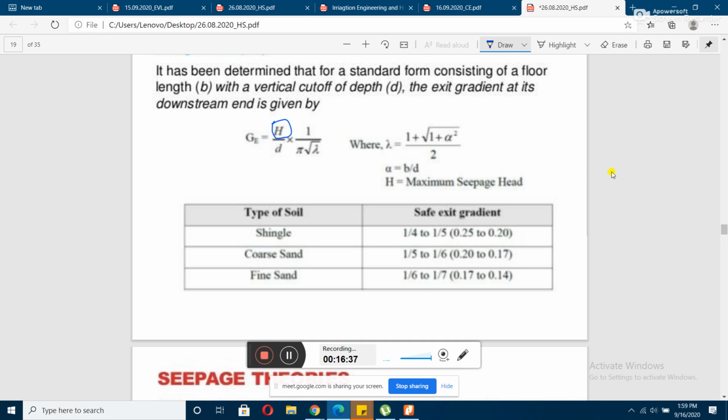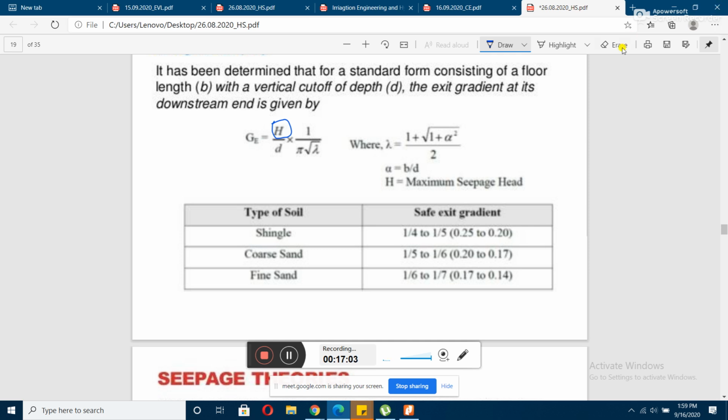So suppose we are designing a particular weir, okay. Then we know the type of soil. Suppose the type of soil is found out to be coarse sand, from the soil properties we have tested and all those things carried out. So it should have a typical safe exit gradient value between 0.17 to 0.2.